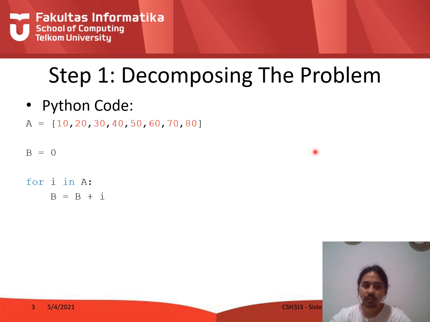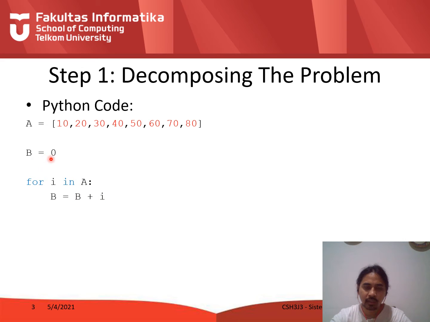First, we decompose the problem, or in other words, we understand the code. So here we have an array which has 8 members, 10, 20, 30, 40, 50, 60, 70, and 80, and the operation is here, it loops. It loops over all the members in A, and all of them are added into B here.